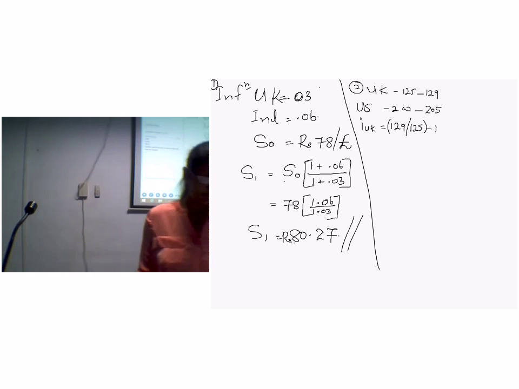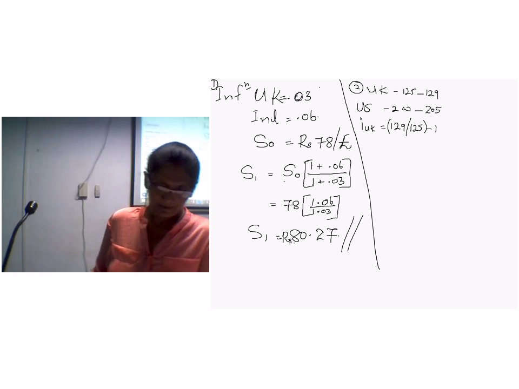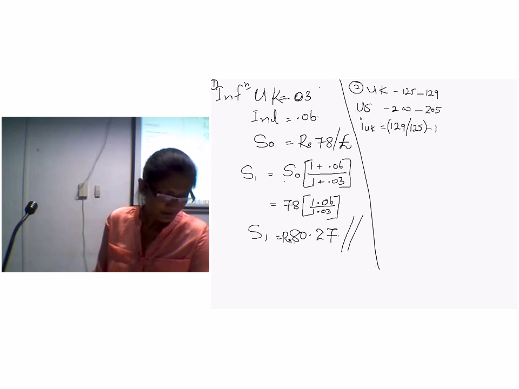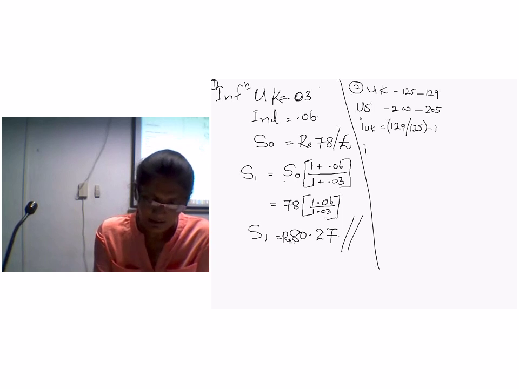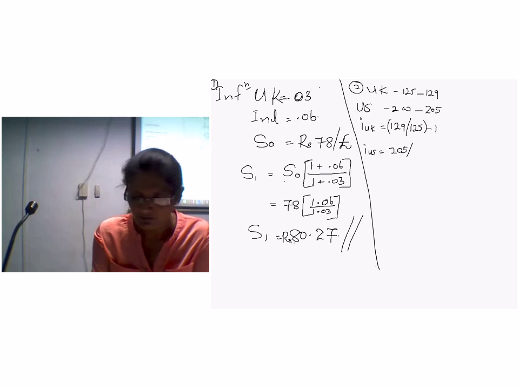This shows how it has deviated from the initial one. And for the US, inflation in the US equals 205 divided by 200 minus 1.